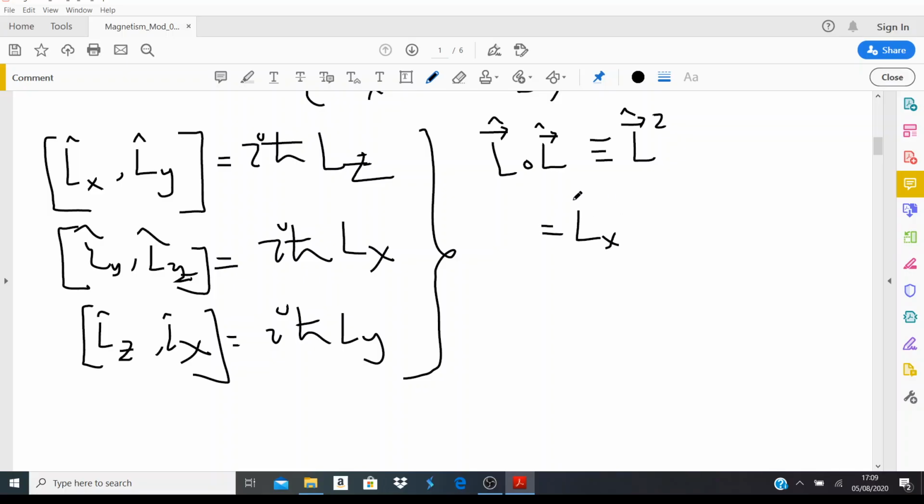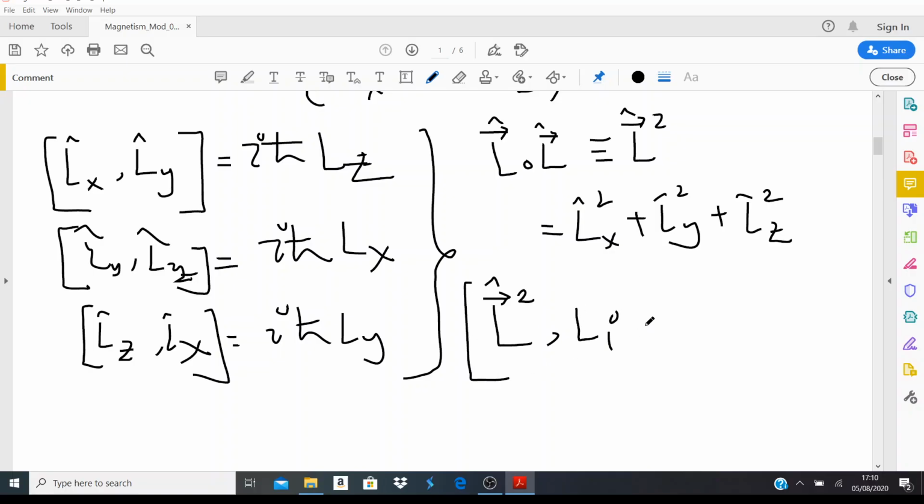This operator has an interesting property in the sense that although these components do not commute with each other, you can take it as a rule that this L square operator commutes with every component of L, right? That's 0. And this index i here can be x, it can be y, it can be z.